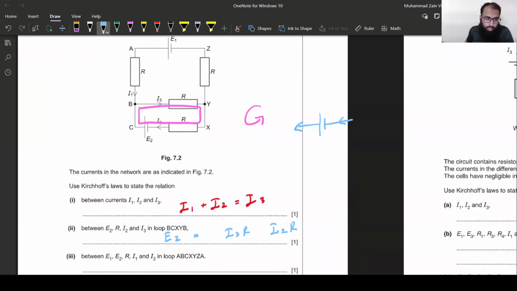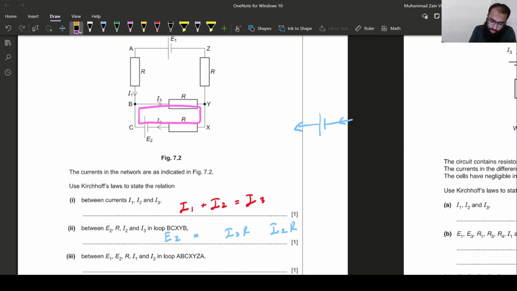Now there's one thing where I need to determine the signs of these potential differences. Like I just add them, but some potential differences are negative and some are positive. So all this that I was just explaining was regarding how I would determine the signs of my EMFs. So for that, we take a convention.